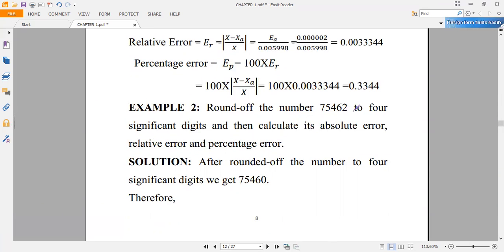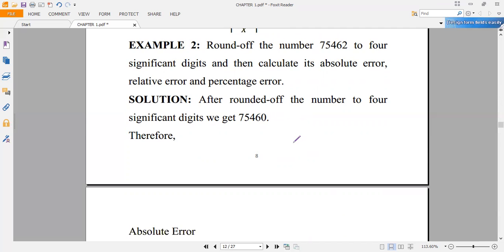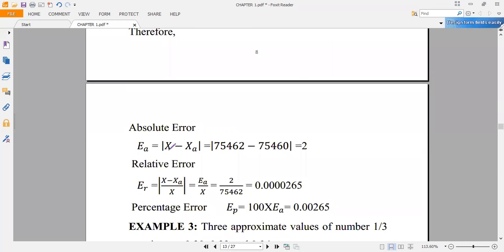The second example is to round off the number 75,462 to 4 significant figures, and then calculate the absolute, relative, and percentage errors. After rounding off the number 75,462, you will get 75,460. Therefore, the absolute error is the exact value minus its approximate value, and you get 2.